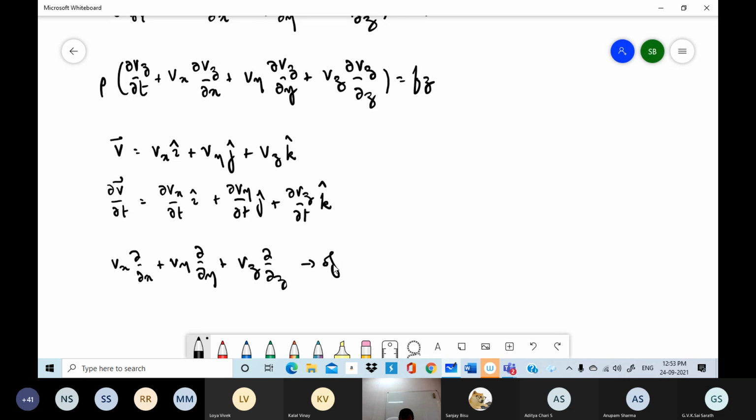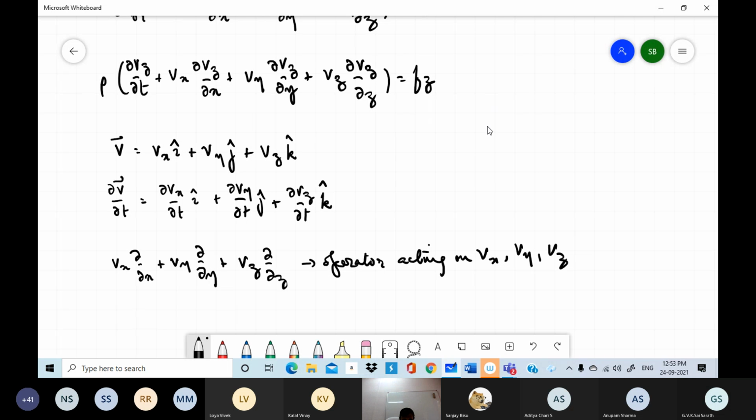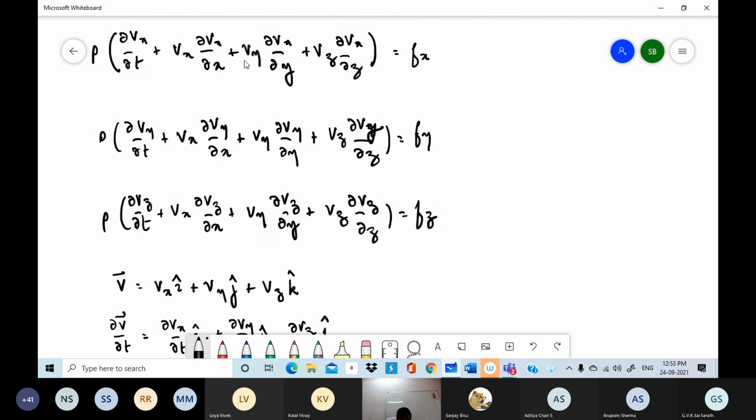This is an operator acting on Vx, Vy, Vz. So that gives me the expression which I have in the x, y, and z components.